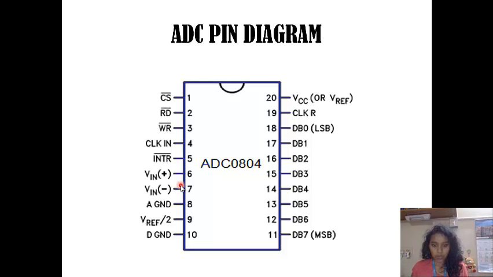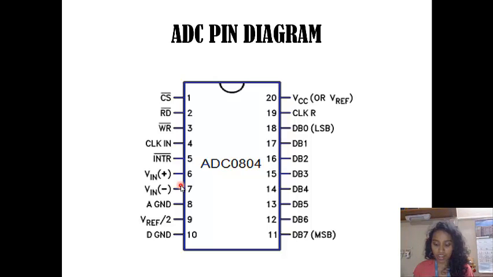Okay, so now we know that to activate the chip, CS should always be low. So if we put CS equal to low, that is 0, the other pins of the ADC 0804 will be activated. And read is an input signal, and it is active when it is low. So similar to CS, we have to make it 0 to activate it. It gets the converted data out of the ADC chip.